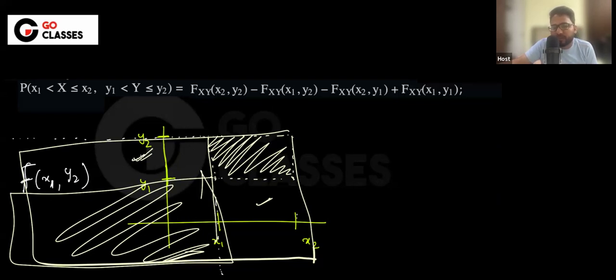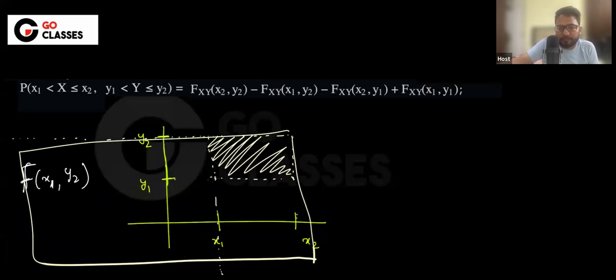To remove this one, for the y it is minus infinity to y2, and for the x it is x1, y2 basically, right? So they are first removing x1, y2, and that is fine.